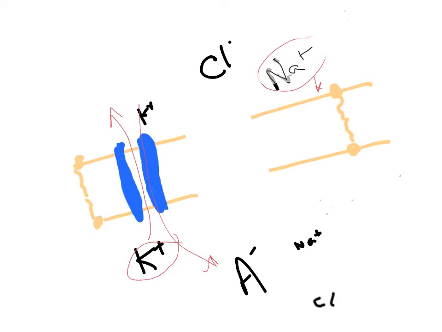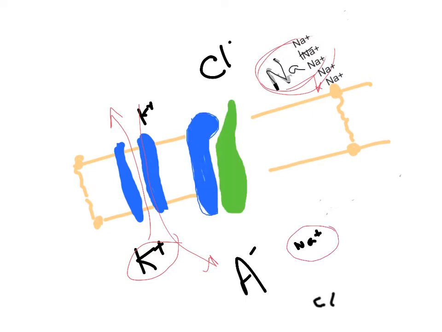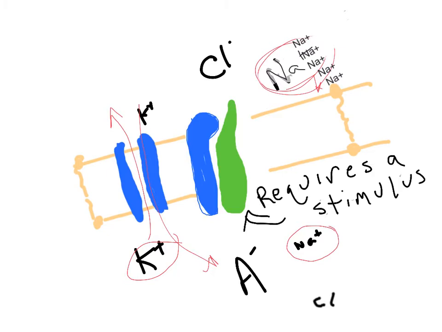And the fact that the membrane is relatively impermeable to sodium means that there's a higher concentration of sodium on the outside and a lower concentration of sodium on the inside. We also have gated ion channels here, which require some sort of stimulus to open them and allow the ions in.